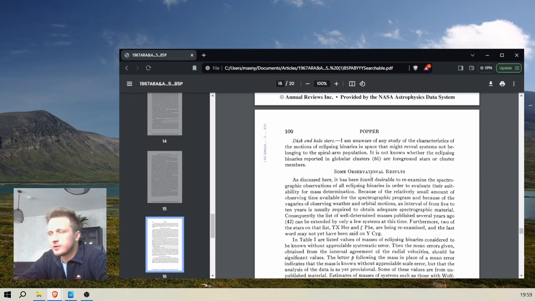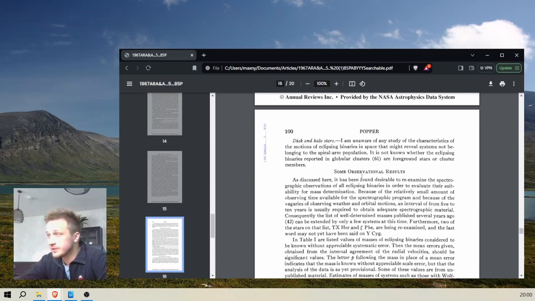Wait, what? The spiral arm population. It's not known whether the eclipsing binaries reported in globular clusters are foreground stars or cluster members. Okay, I'm going to have to look that up.